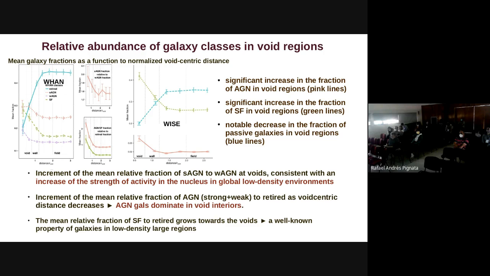In the upper small panel we see the relative fraction of AGN to retired galaxies in the pink line. Here we can also note an increment of the fraction of AGN relative to retired galaxies, and the green line shows the fraction of star-forming galaxies relative to retired. Here we can note an increment, and this is consistent with previous results.